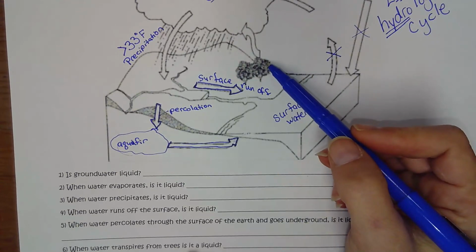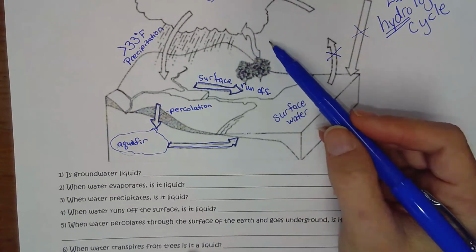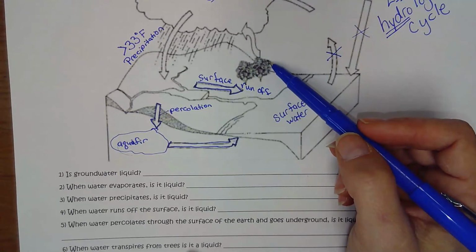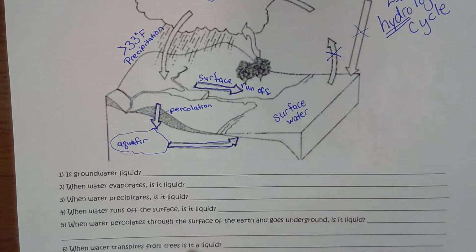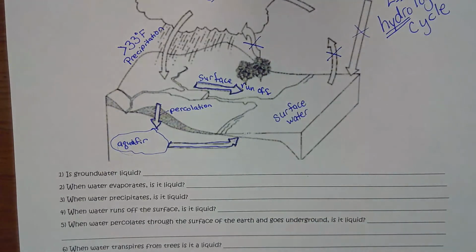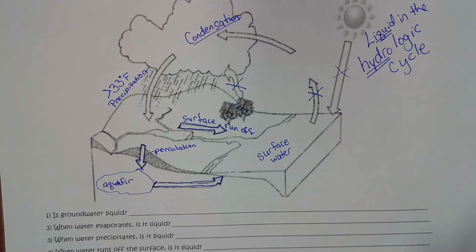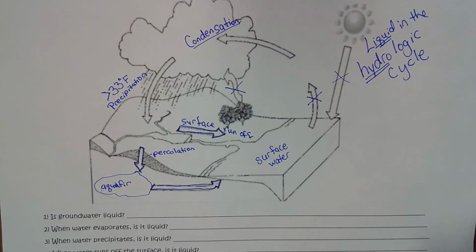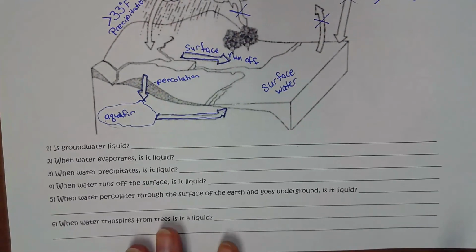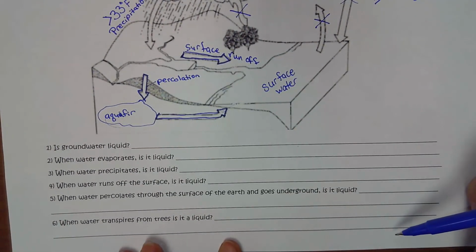You'll notice there's an arrow going from the trees up into the clouds. Do you see liquid water drops going from the trees up into the air? Certainly not. So transpiration is not part of the liquid showing up in the hydrologic cycle. With that in mind now, you do need to answer the questions today.